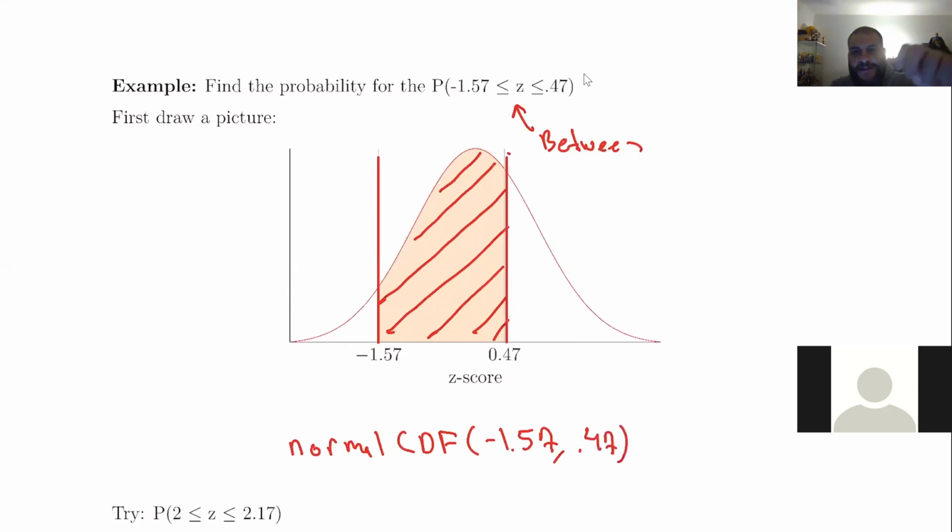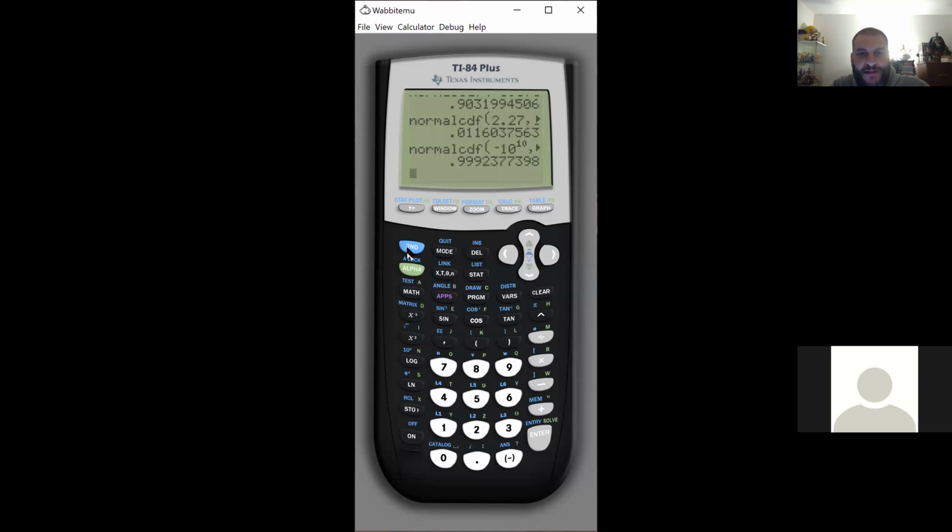All right, so let's go to the TI-84. Let's enter these values in and get our answer. So we go second, vars, normal CDF. My lower bound is negative 1.57. There you go.